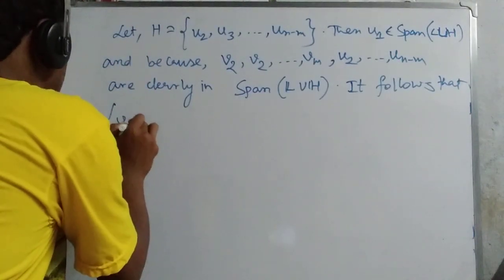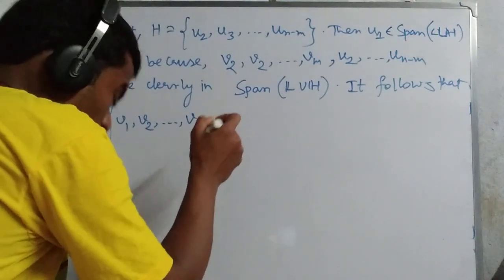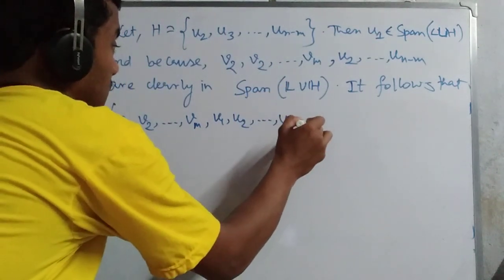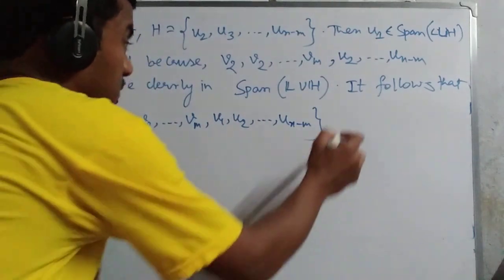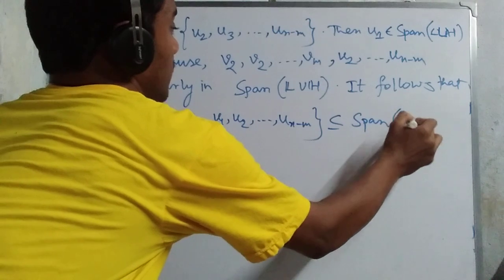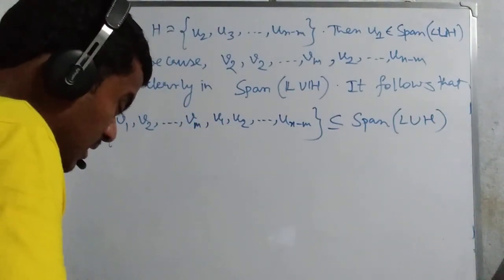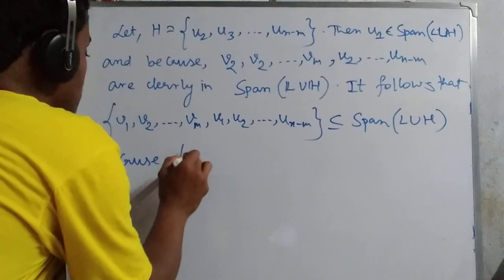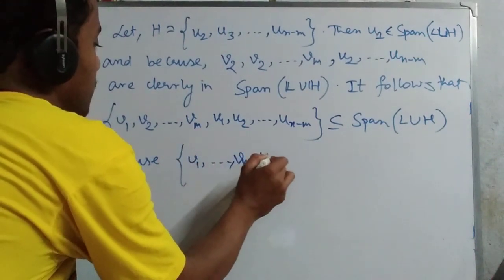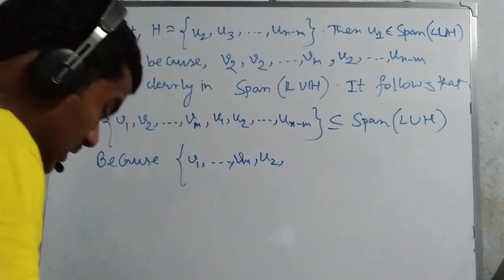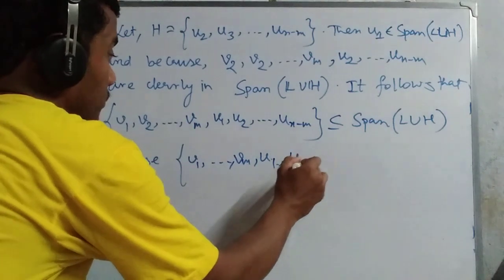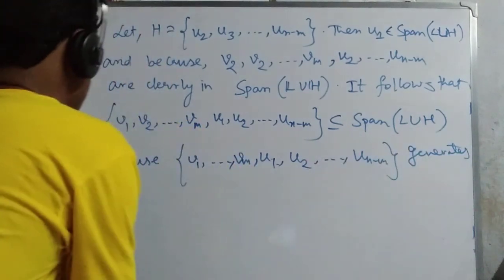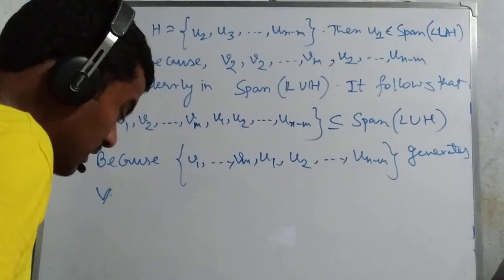It follows that v1, v2, dot dot dot, vm and u1, u2, dot dot dot, u(n-m) are a subset of the span of L union H. Because this one generates V, here u1, u2, dot dot dot, u(n-m) generates V. Then what happened?